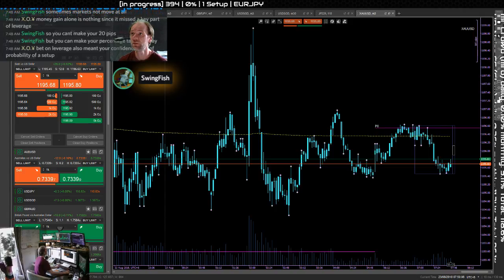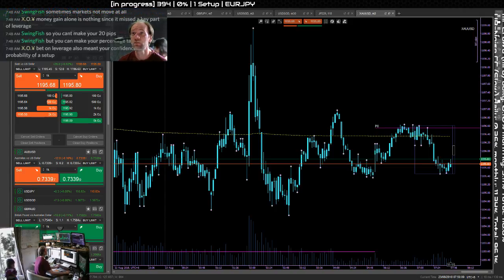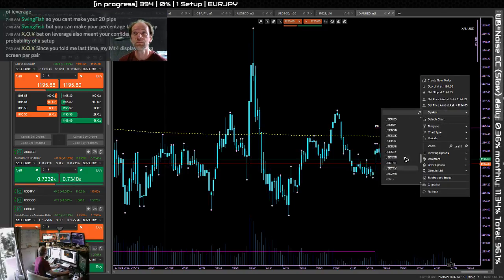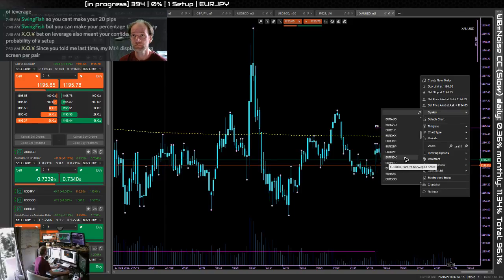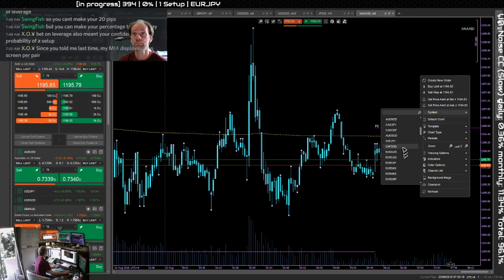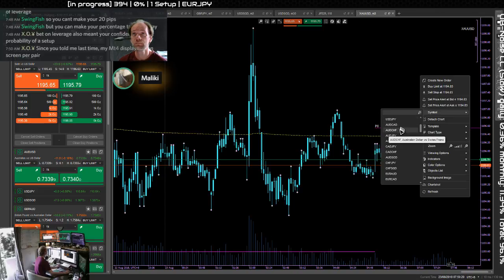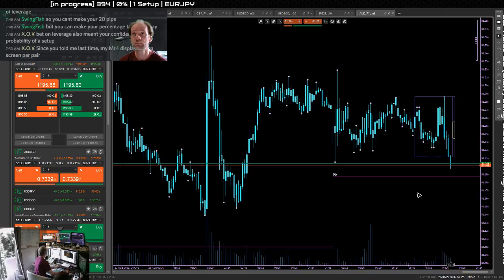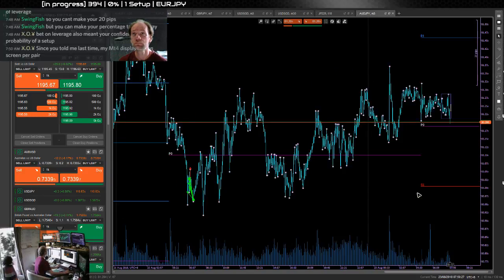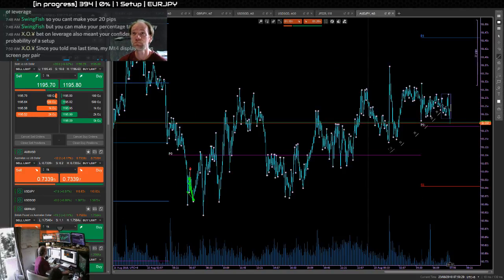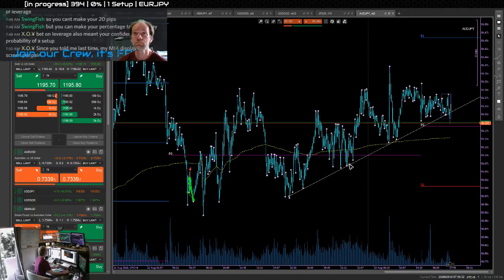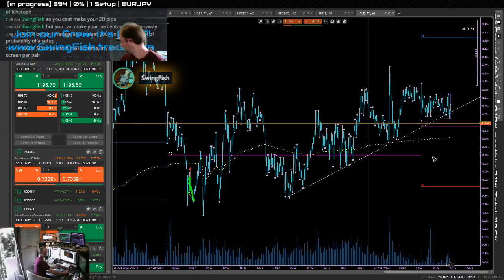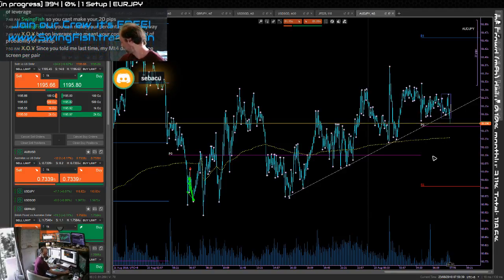Doesn't look so good. How long until Tokyo? The yen broke out already. 9 minutes.